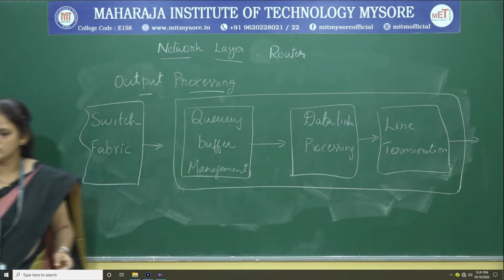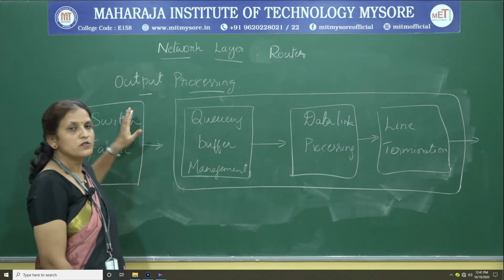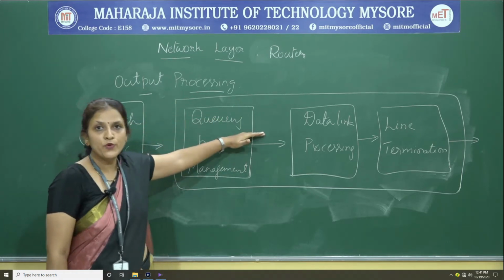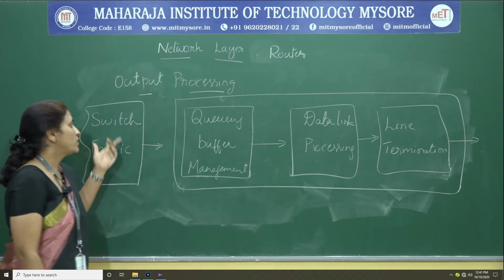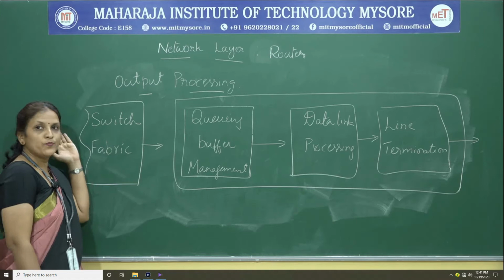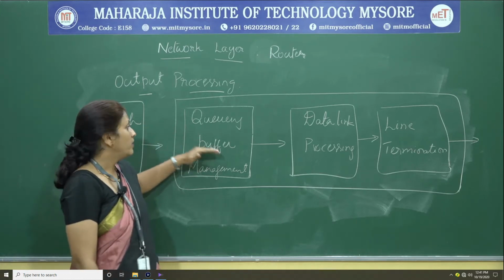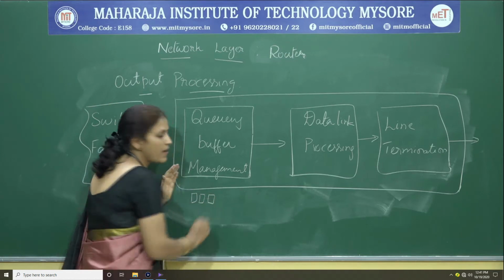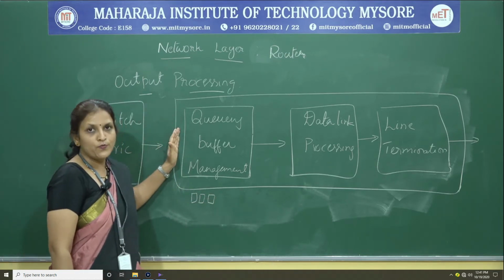So, here we are going to look at how exactly it works in the output port line. Okay, once the switching fabric pushes the packets from the input port to the output port line, here the packets will be queued, right. There will be plenty of packets pushed to output ports.